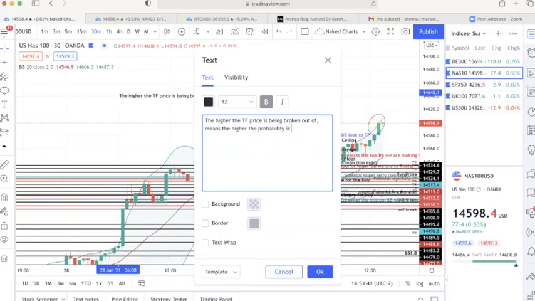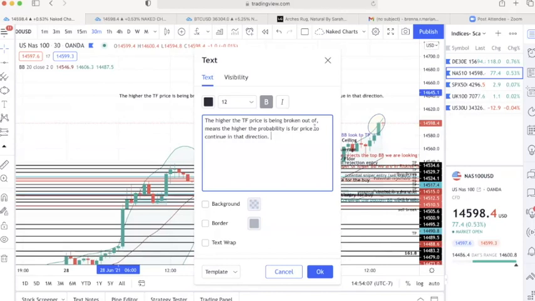The higher the time frame price is being broken out of, the higher the probability that price will continue in that direction.